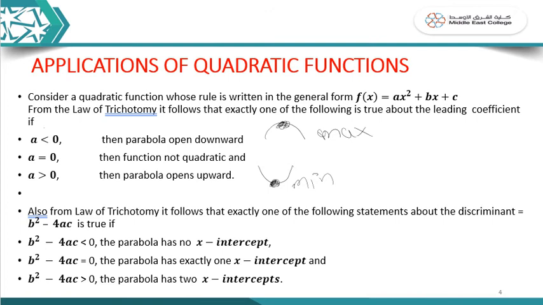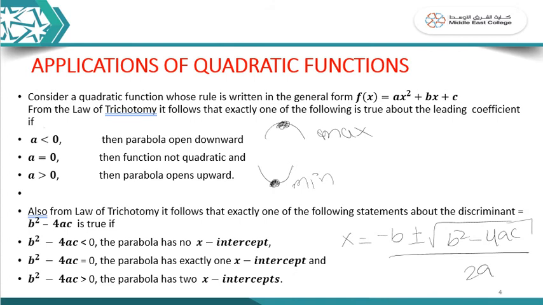So if it is negative, we will have no real root, because under the square root it will be negative. We know that the quadratic formula is x equals minus b plus or minus square root of b squared minus 4ac over 2a.